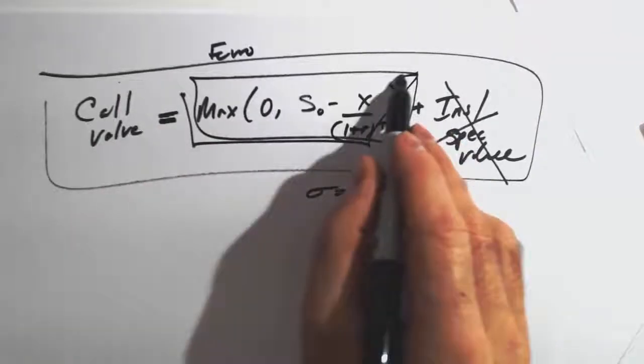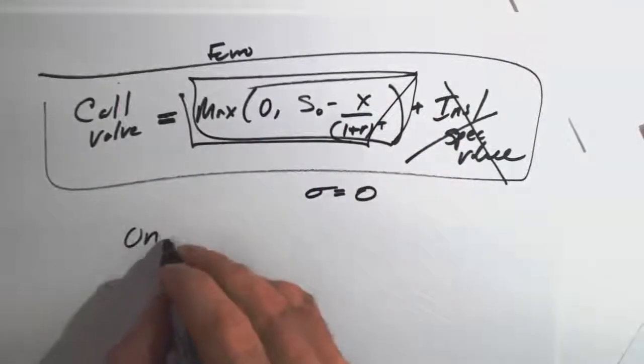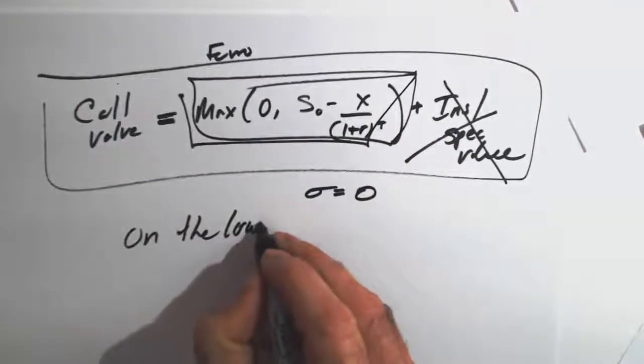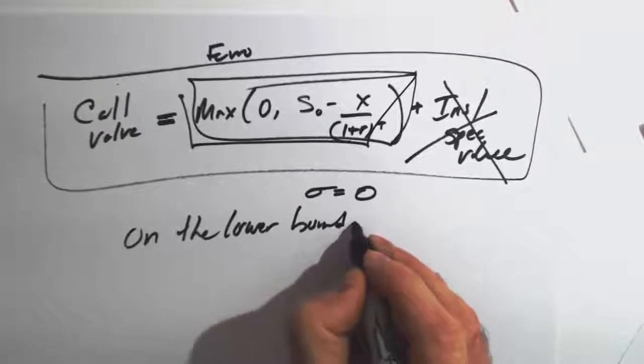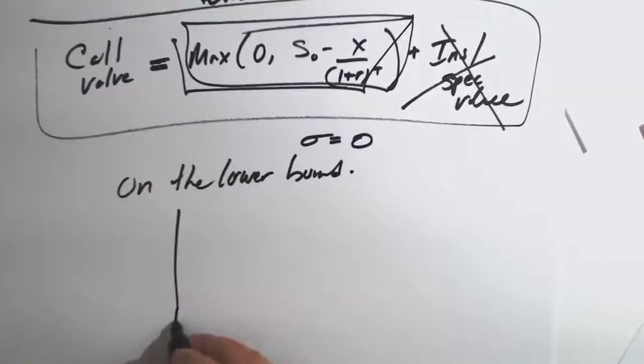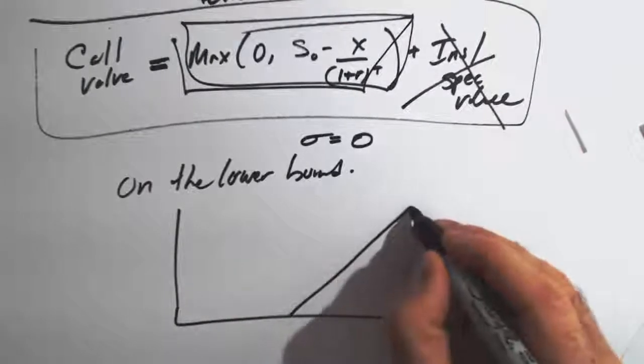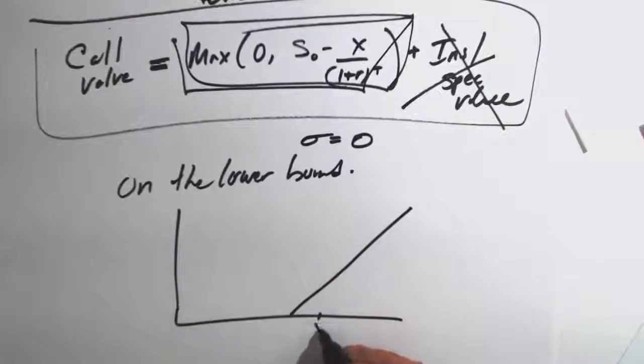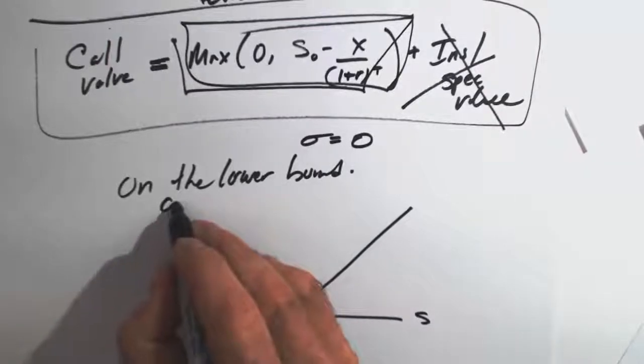And what I'm saying is you're on the lower bound when you have a riskless stock. So you're on this boundary condition for a European call: X could be here, the stock, the call.